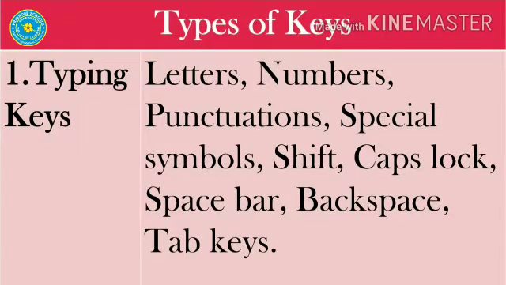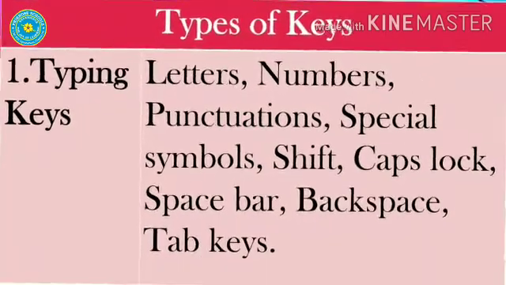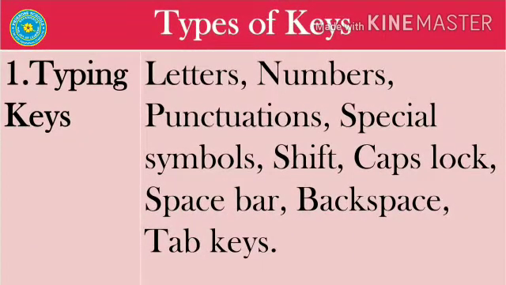First one, typing keys, which includes letters A to Z, numbers 0 to 9, punctuations, full stop, comma, colon, special symbols, plus, minus, dollar symbols, shift, caps lock, space bar, backspace and tab keys.